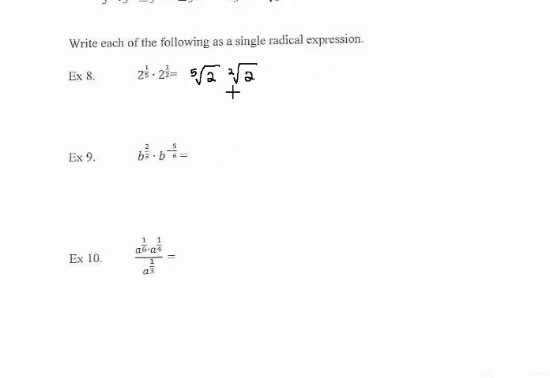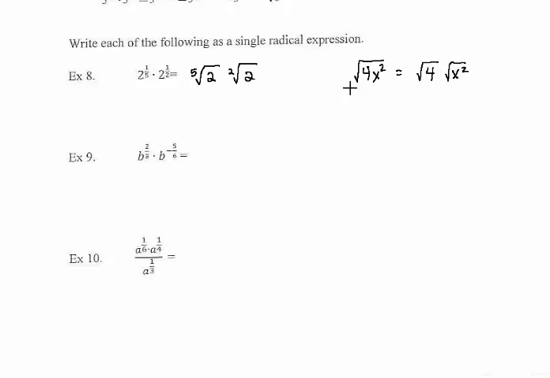Now, you may have seen me break apart a radical in the previous chapter. For instance, we had an example of 4x squared inside of a square root, and I broke this apart into a square root of 4 and a square root of x squared.